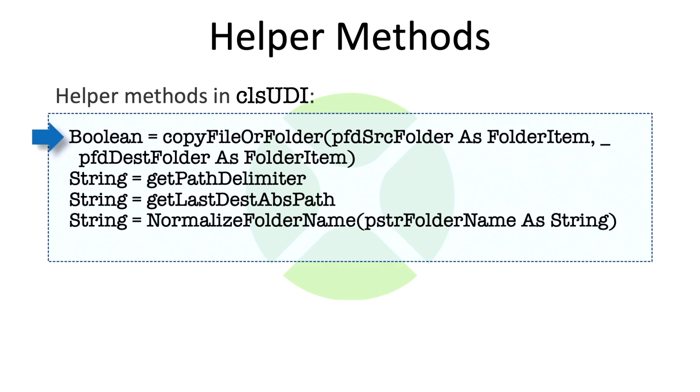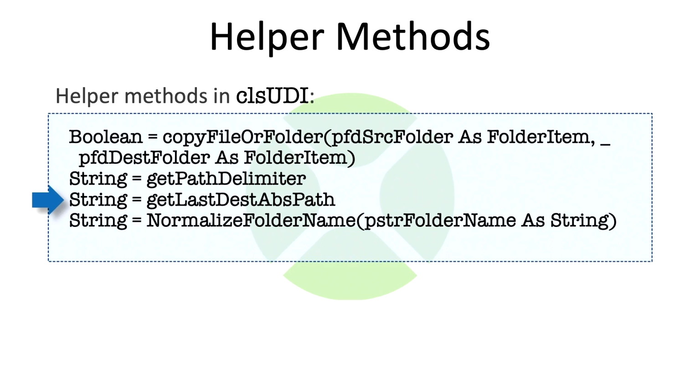One is the actual method that copies from your app's file or your folder data over to the destination. So this actually does the copy of the contents. This returns the path delimiter. Obviously, that's different between Mac and Windows. Mac, it's a /. Windows, it's a \. That's all that is.